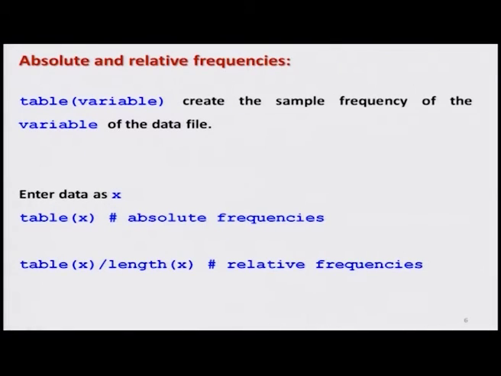Whenever we get a data, first I would like to explore different possibilities. So, possibly this is the first step that we try to do. So, in order to obtain this absolute frequency in R, what we need to do, that is the question which we are going to entertain first.